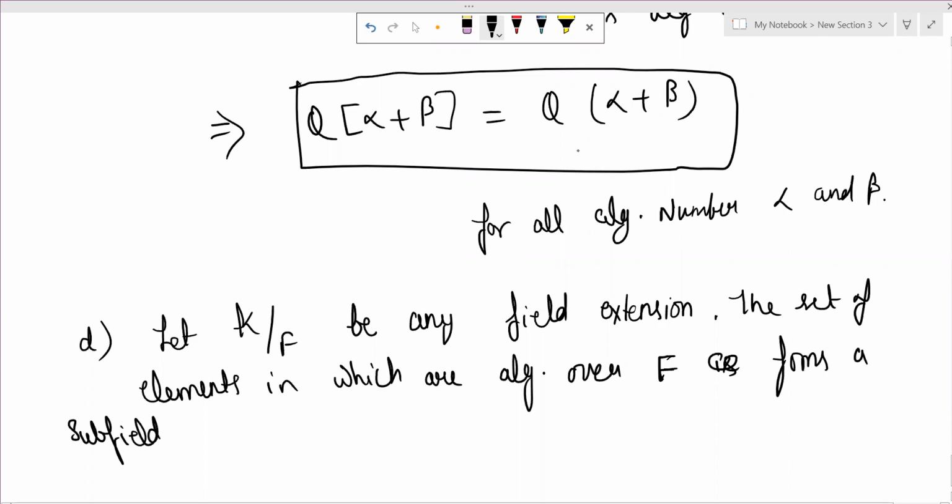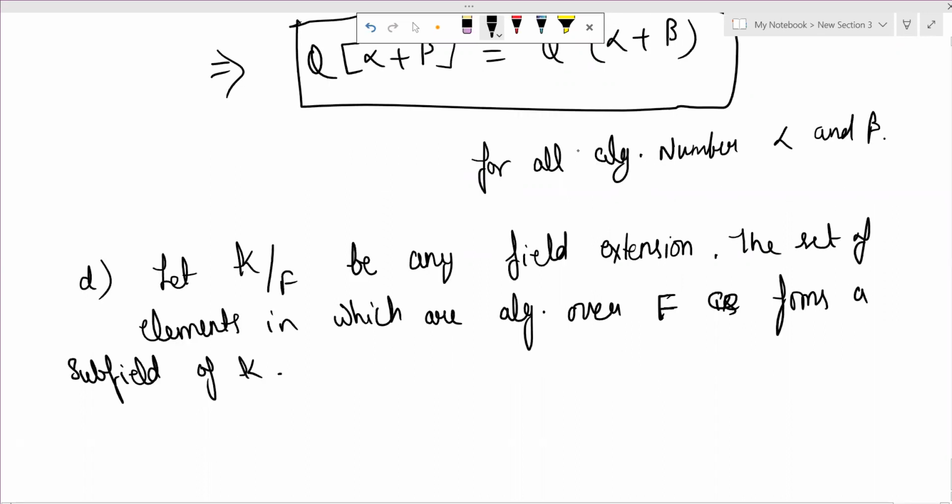I proved that in the case of Q; this is a slight generalization to any arbitrary field. So Muthukumar, is this true or not? I think it is true.